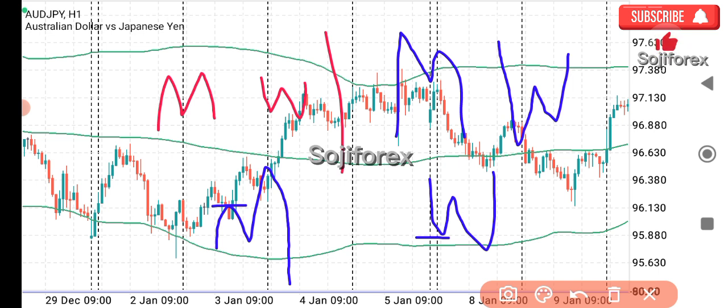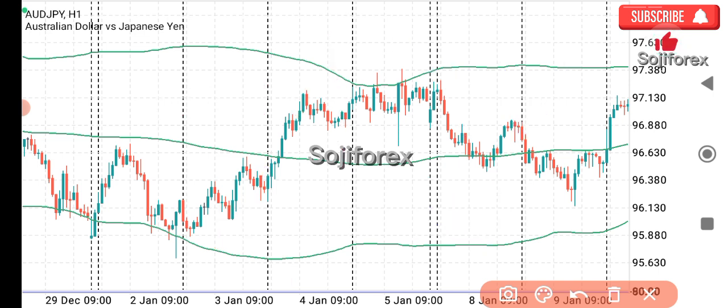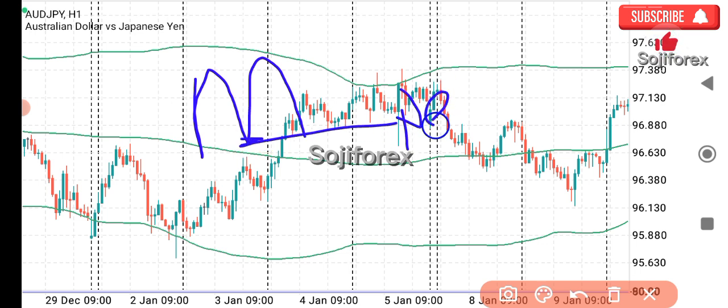For us to be able to make an entry in this scenario, we will need the neckline to be broken regardless of the formation. Either a perfect M, here is the neckline. This particular region is our neckline.